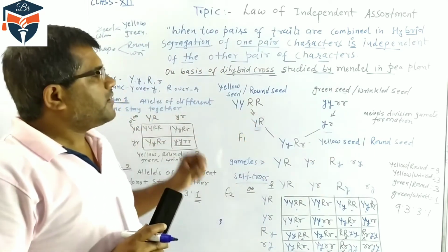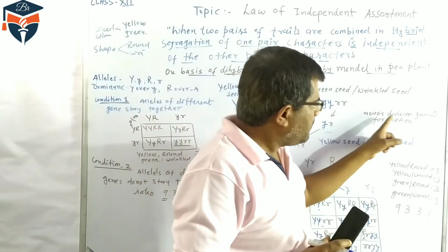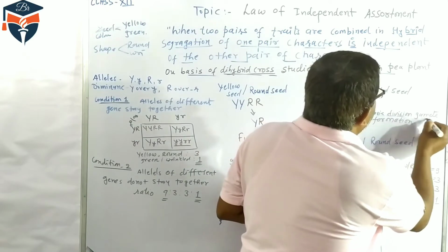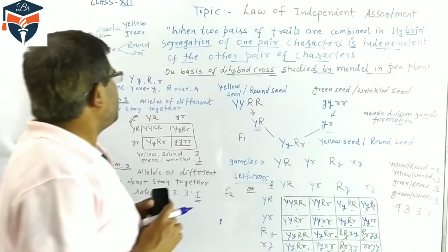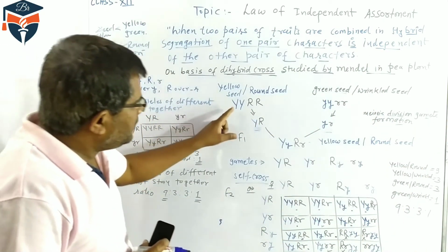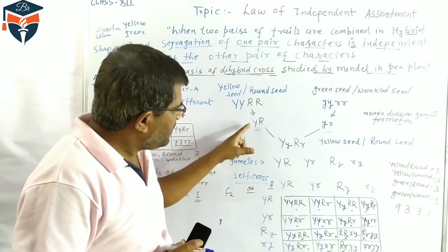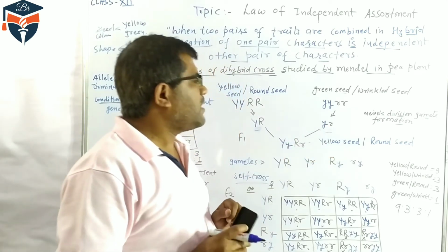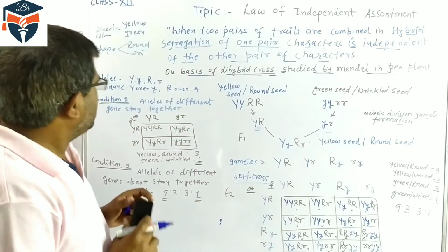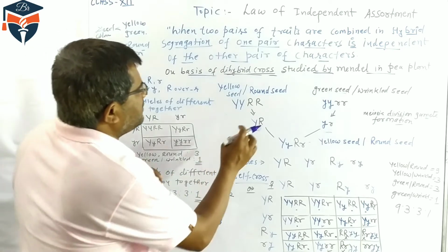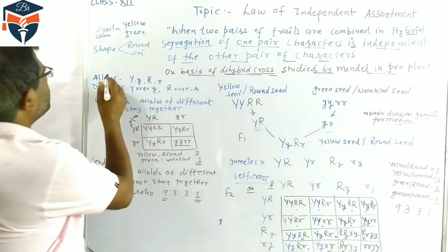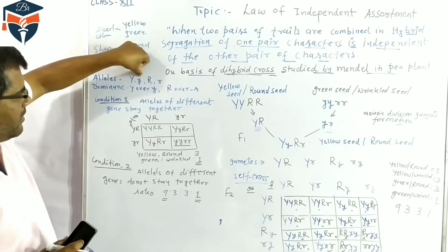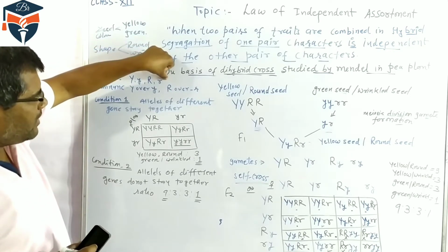This gamete formation process takes place during meiosis division. In meiosis division, the formation of gametes takes place. In this case, you will see there are 4 alleles: capital Y, small y, capital R and small r.